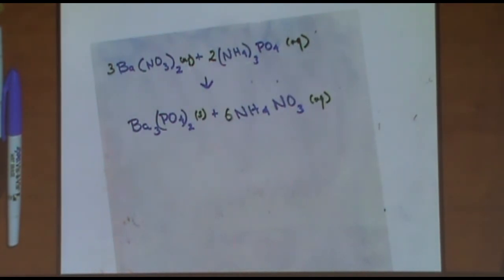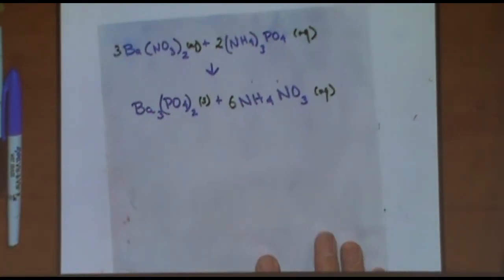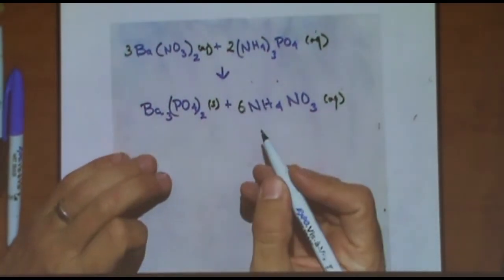Because the solid is in the products and not in the reactants. So a double replacement where a solid is formed is called a precipitation. Just like if it snows, that's called precipitation. So snow comes out of nothingness apparently, just like this. That's another example of precipitation.